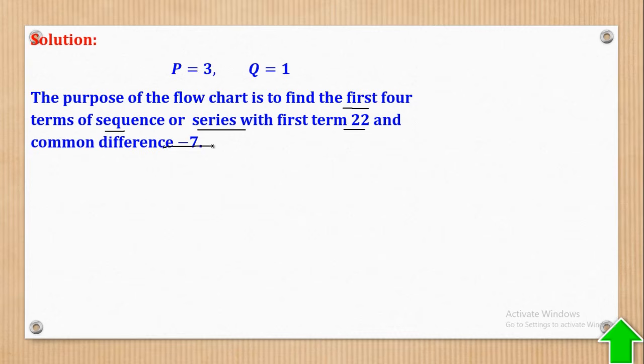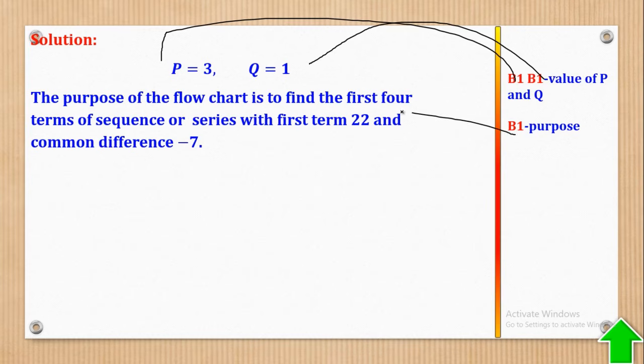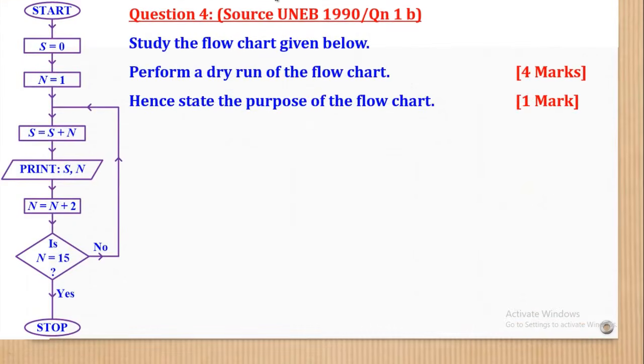So under arithmetic progression, you realize that this is an AP with first term of 22 and common difference of -7. So B1 for this and B1 for that, then B1 for the purpose. So that was question 3.